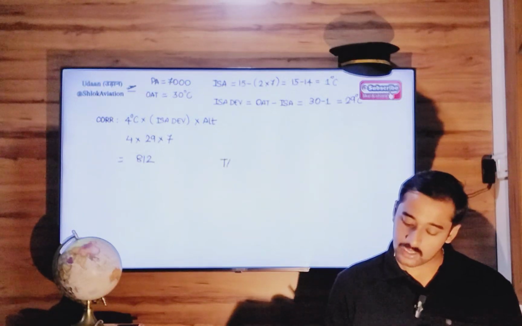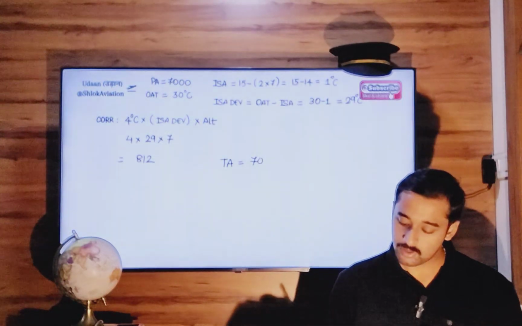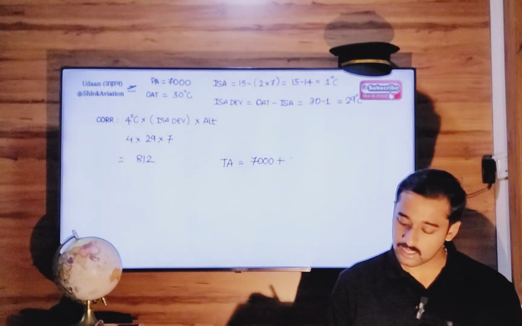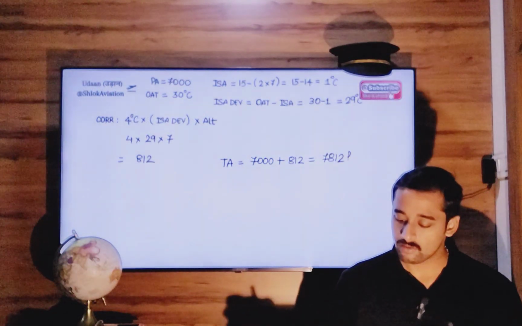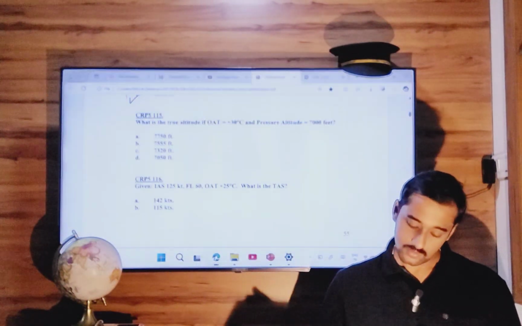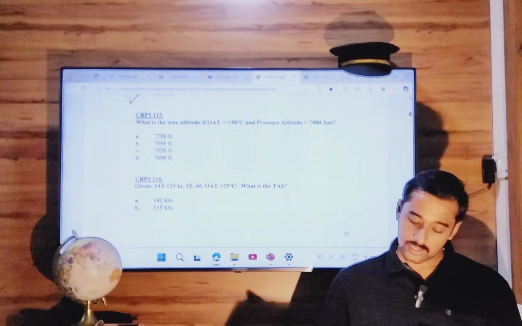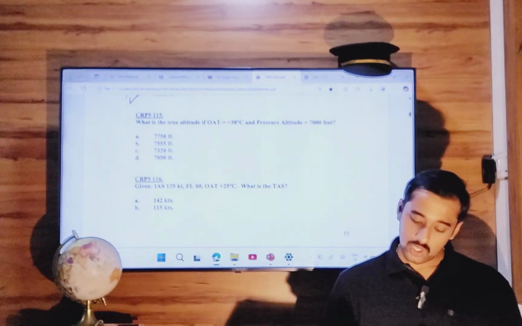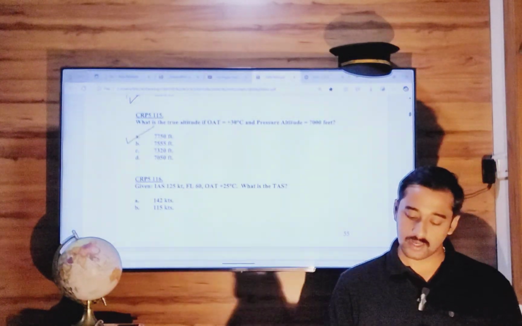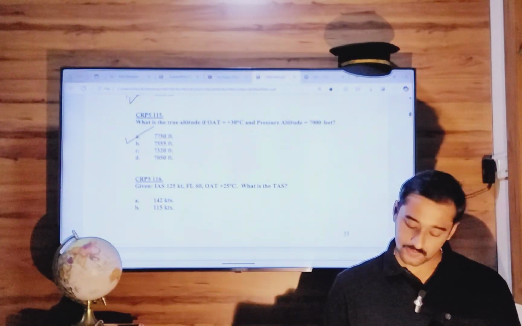So your true altitude will be 7,000 pressure altitude plus correction 812, that is 7,812 feet. Approximate, the closest is option Alpha, 7,750.